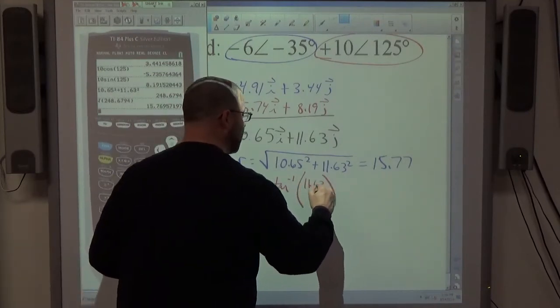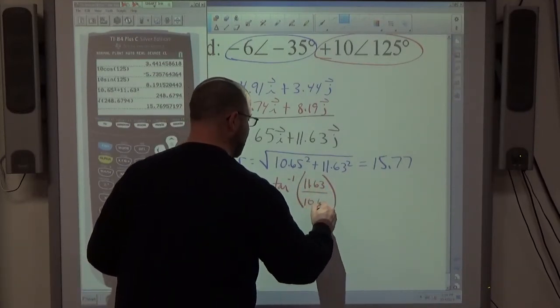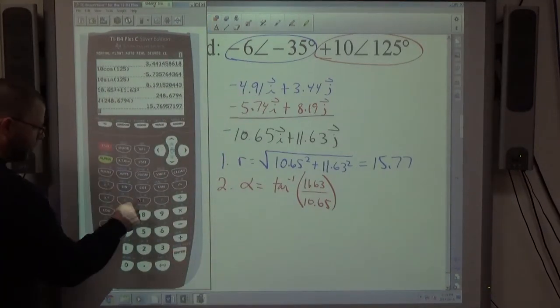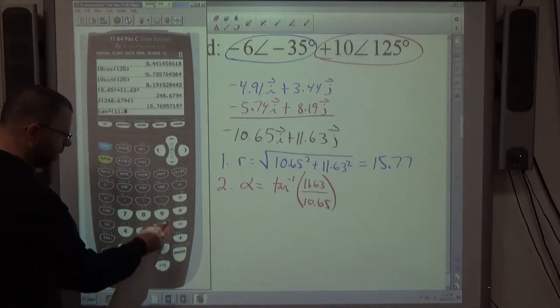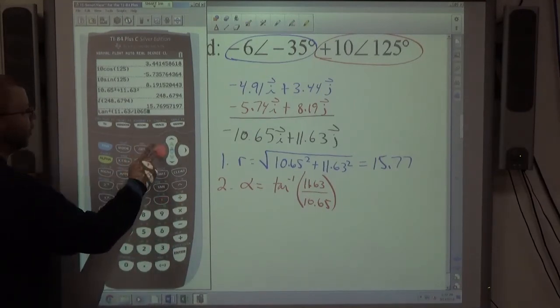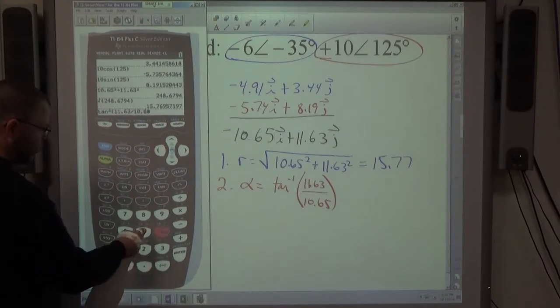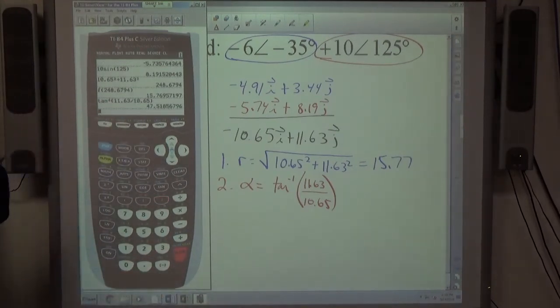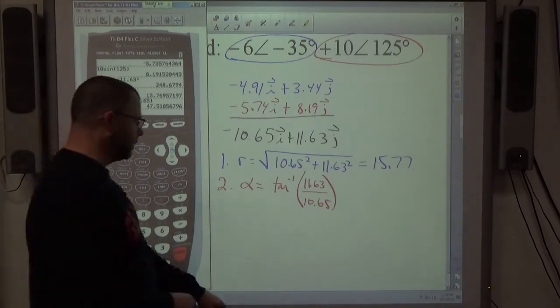Absolute value bars make everything positive, so ignore any minus signs in this step. So inverse tangent of 11.63 divided by 10.65. You have to do inverse tangent also. If you just do the quotient of those two numbers, that's not the right answer. Inverse tangent of that quotient comes out to 47.52 degrees.